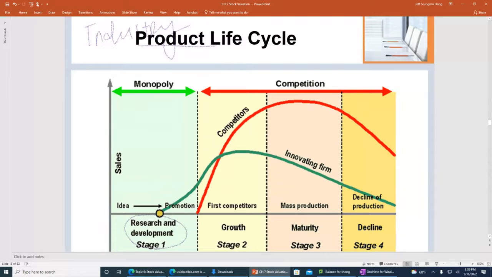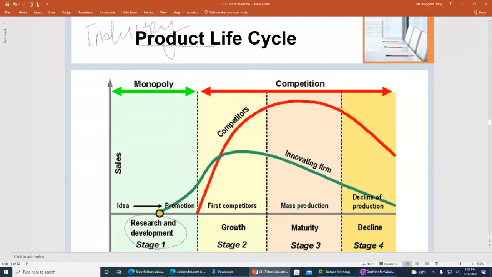So if we are using iPhone as an example, right? Through R&D, the iPhone was born. And in the early days of iPhone, there was no competitor. It was only iPhone. So iPhone had a brief period of monopoly because there was no competitor.